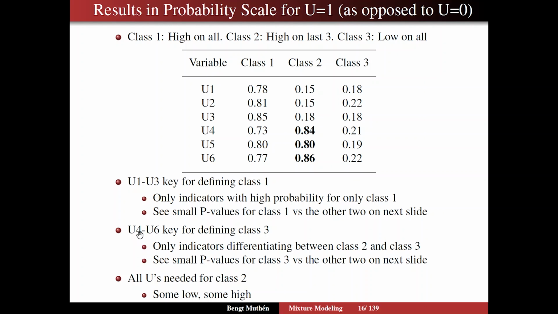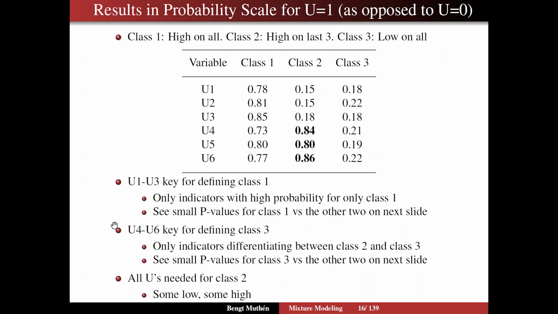So they are key for defining class 3. You may want to think about that. Now all of these 6 indicators are needed to define class 2, where the first ones are low and the last ones are high. That's the only class that has that feature, and you need all 6 to define it.